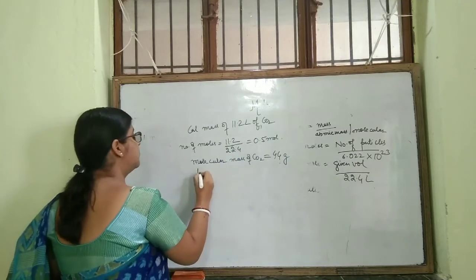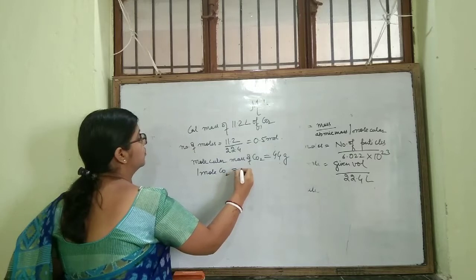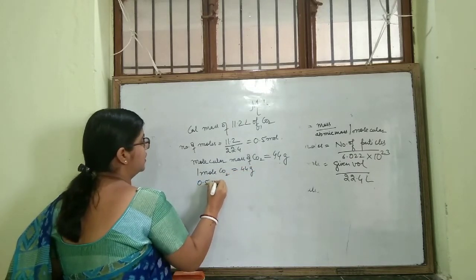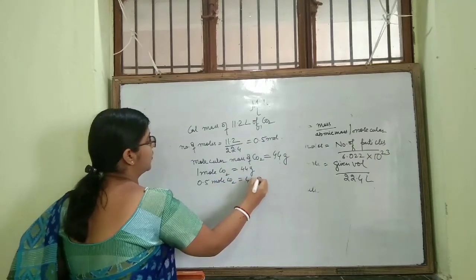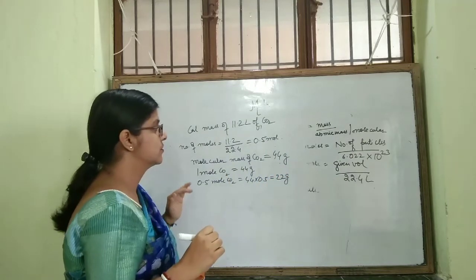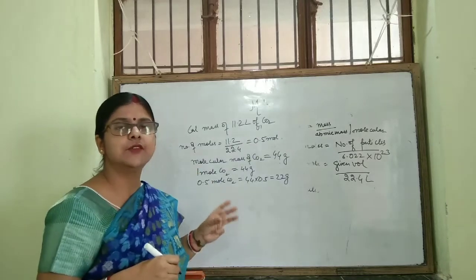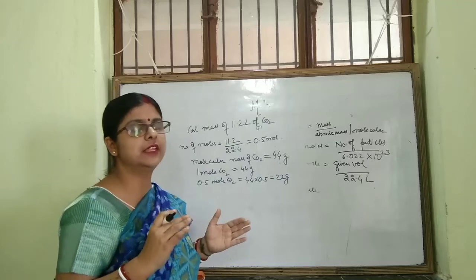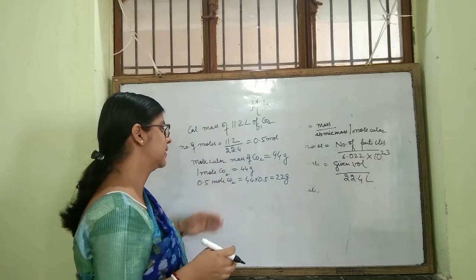Now, 1 mole carbon dioxide is equal to 44 gram. Then 0.5 mole carbon dioxide will be equal to 44 into 0.5, that is 22 gram. So in this way you can solve the numericals given in mole concept, in NCERT as well as your reference books. Okay, you try to solve.